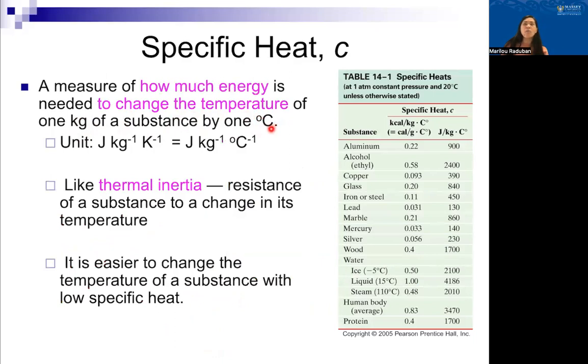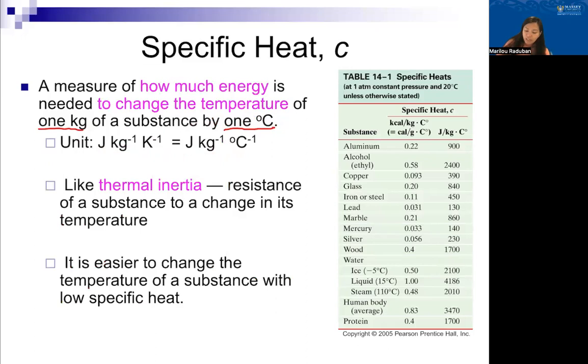And this is how the specific heats of different objects are determined. So they usually heat up 1 kilogram of that material, and measure how much energy it takes to change the temperature of that material by 1 degree Celsius. Okay, and by measuring that energy, they are able to determine the specific heat.